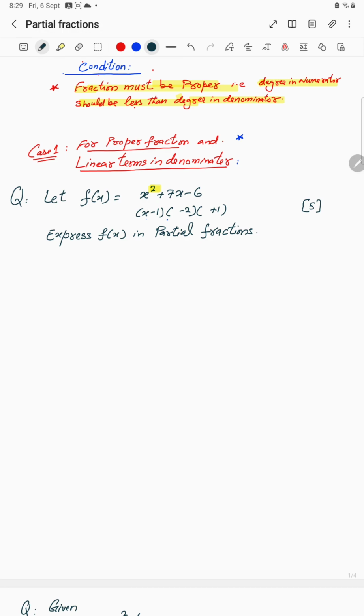Here, let me correct it: x minus 1, x minus 2 and x plus 1, right? We have three linear terms in the denominator.